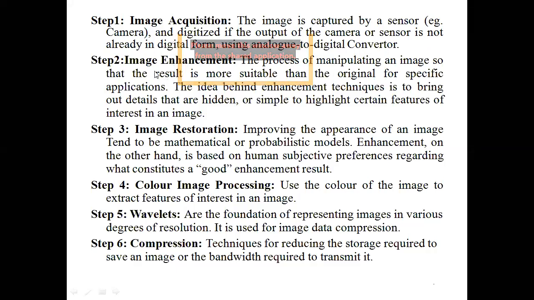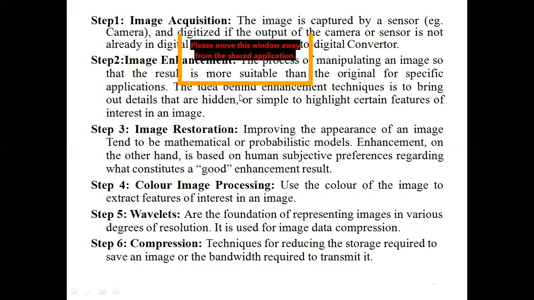Okay, next, image enhancement. Here it is the process of manipulating an image so that the result is more suitable than the original for specific applications. Okay ma, only for specific applications we use image enhancement.